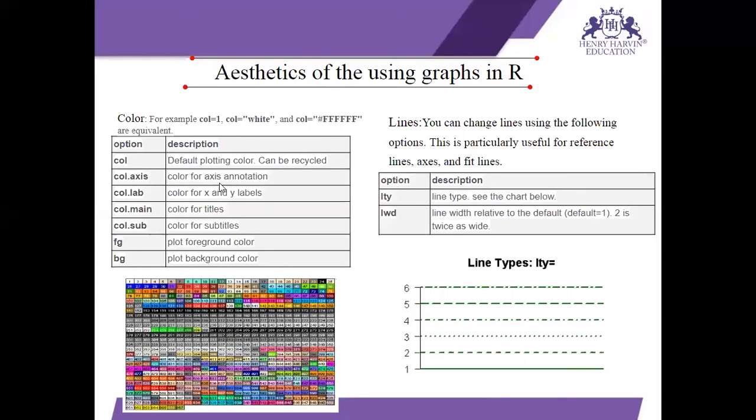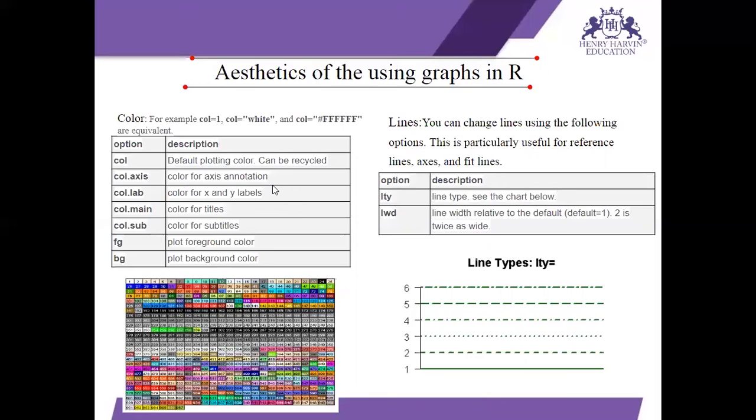There are multiple options that we can use to color. If we are plotting a graph, there are default plotting colors that can be recycled. If there are multiple variables, you can always recycle the colors, changing the colors for different variables. Then there are colors for axis annotations.